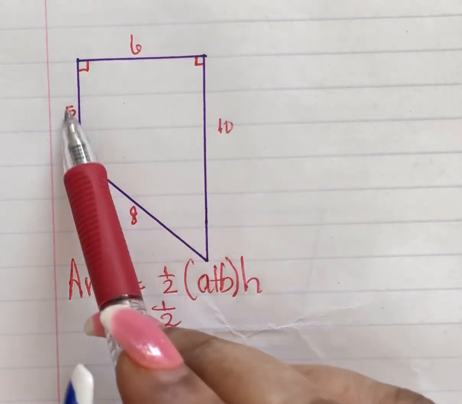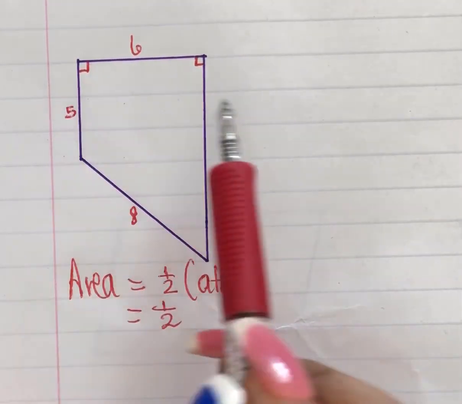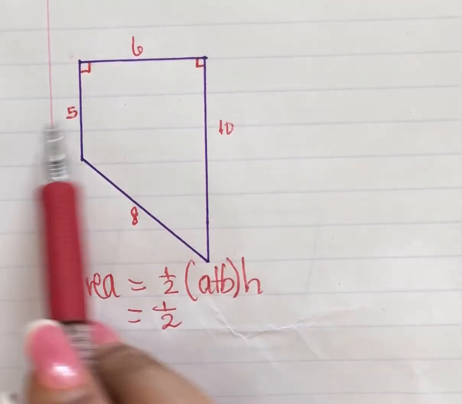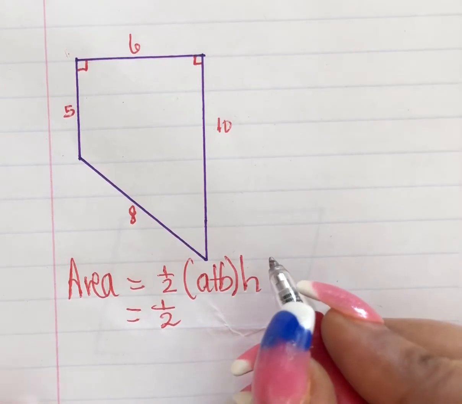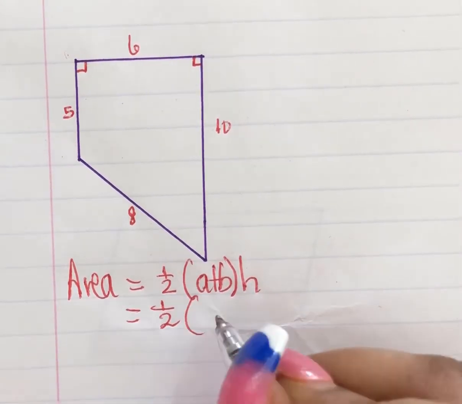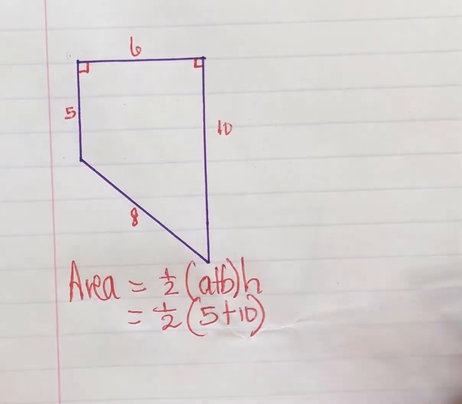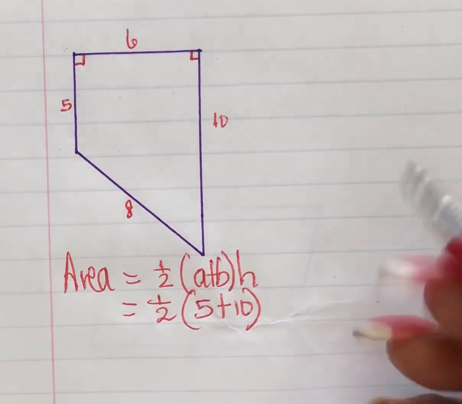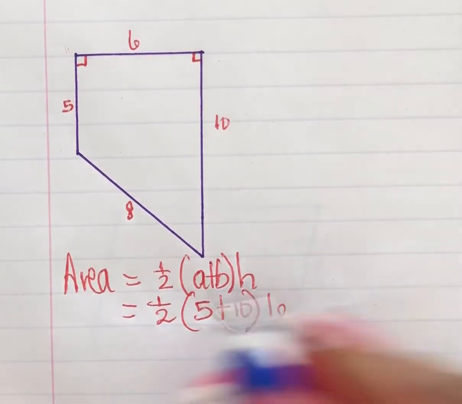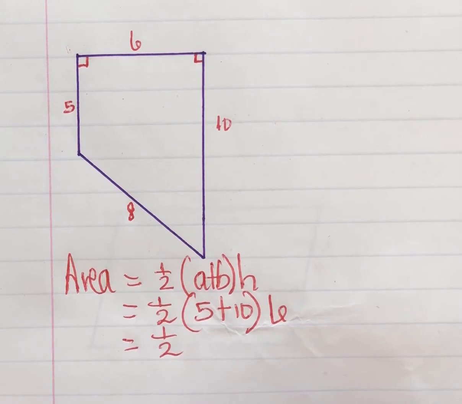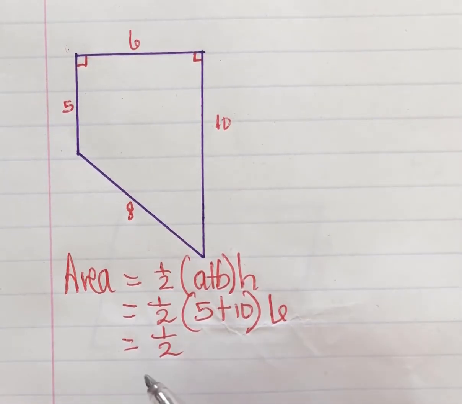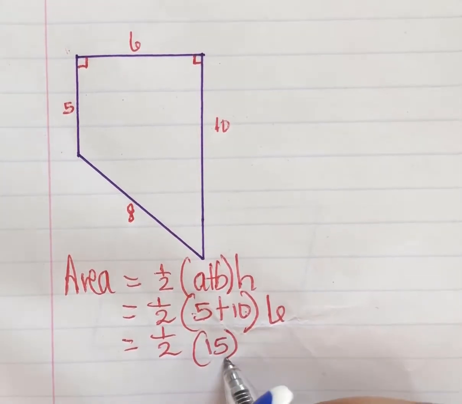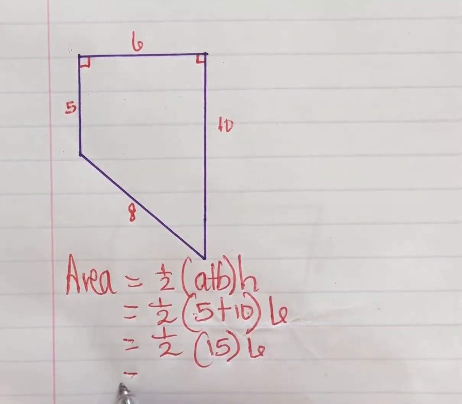These two represent my A and B. These are the parallel sides, opposite sides, A and B. 5 plus 10, and my height is represented by 6 units. So I use PEMDAS and I complete my parentheses first. So I am going to add 5 to 10, which will give me 15.